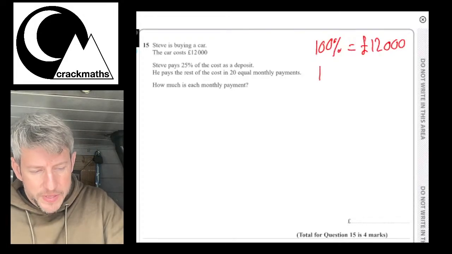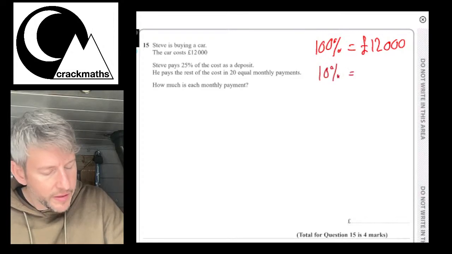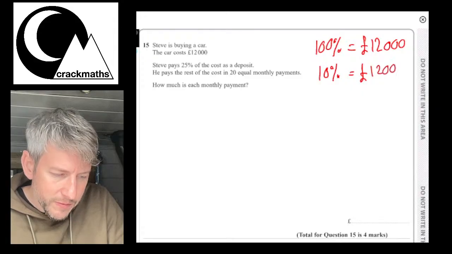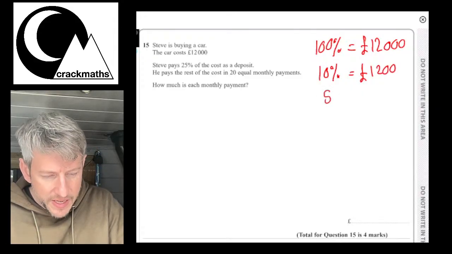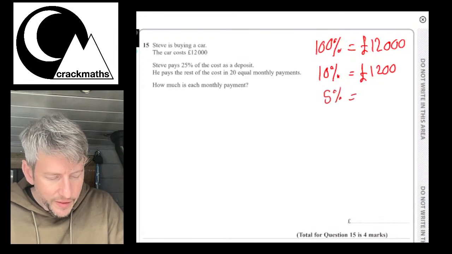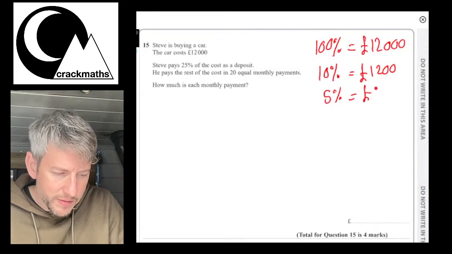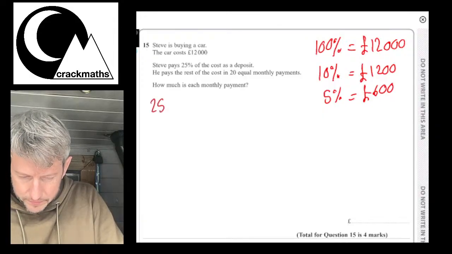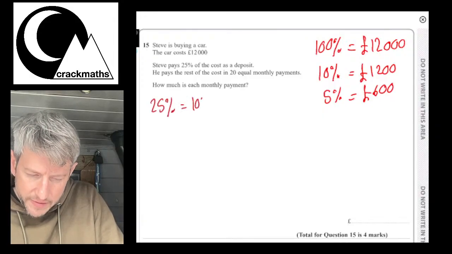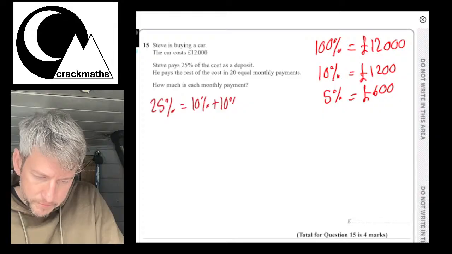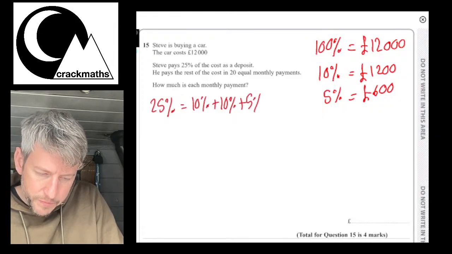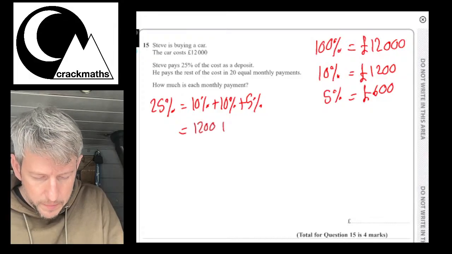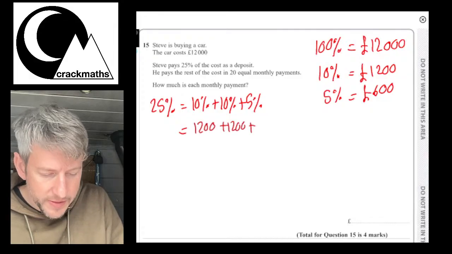Okay, so we know that 100% of the car cost equals £12,000. We know that 10% of the car cost equals £1,200. We know that 5% of the car cost equals £600. Okay, 25% equals 10% add 10% add 5%. So we're going to do 1200 plus 1200 plus 600.